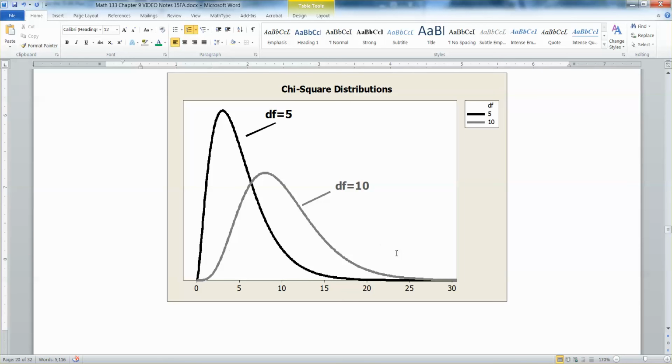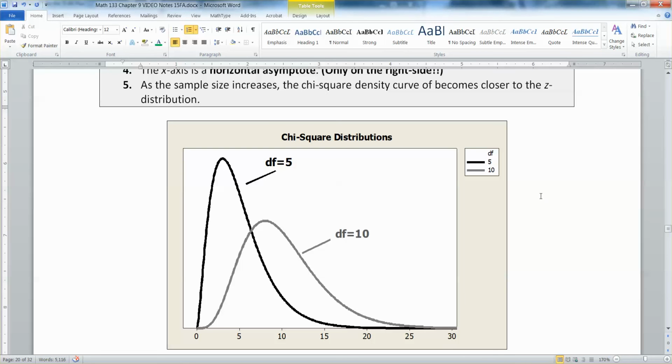And that would keep going on more and more, right? The larger your sample, the larger your degrees of freedom. The larger your degrees of freedom, the more normal the distribution is. It never really gets fully normal. Well, it does if you take an infinite limit, but for our purposes, we're going to say it's skewed right, and then we're going to say it's becoming more like the normal curve as n gets larger.